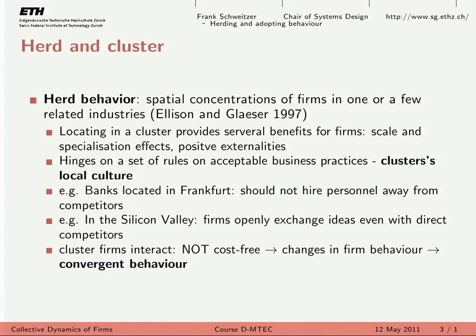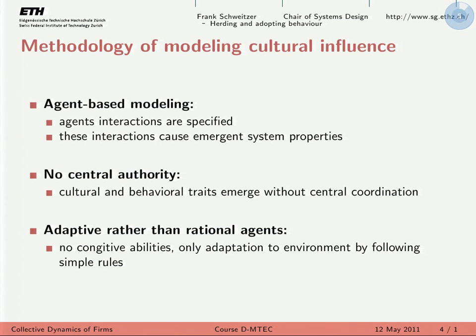We have another example in the Boston area, which is also well studied in the literature. Boston 128, that's a route out of Boston in the south where firms locate and aggregate. And people want to understand why it is like this. So the modeling has to start with an agent-based framework.